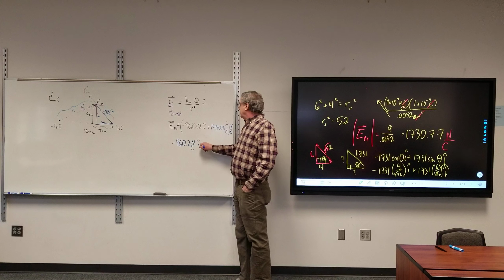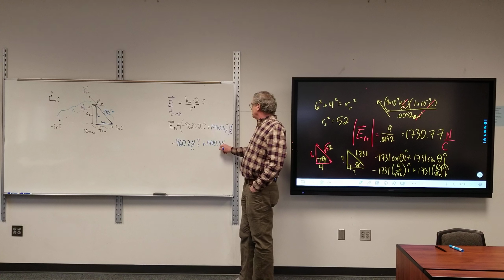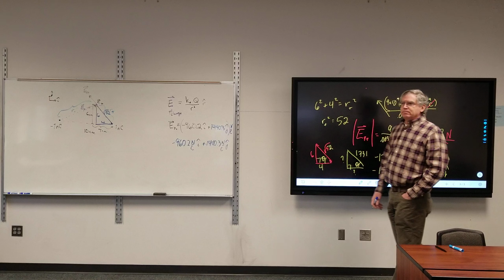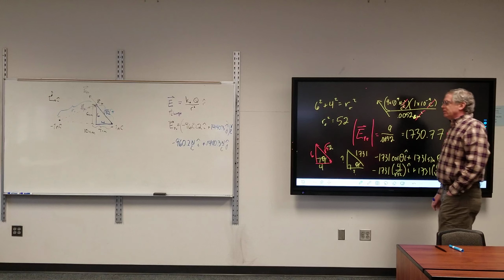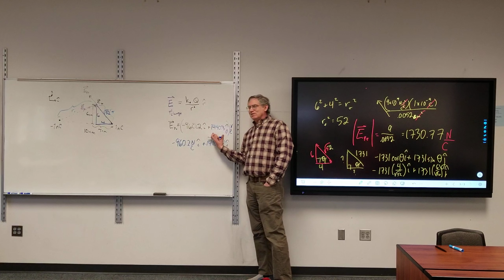I had plus 1440.3 newtons per coulomb J hat. Either one is an acceptable answer. If you want to write it only once, you do need to have the parentheses. Otherwise, if the parentheses go away, the newtons per coulomb is just attached to the second term.